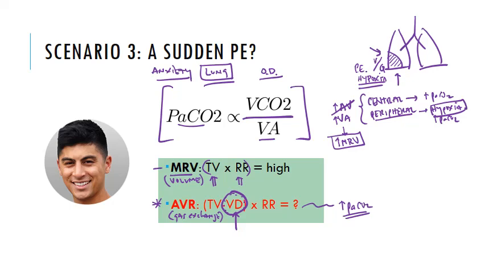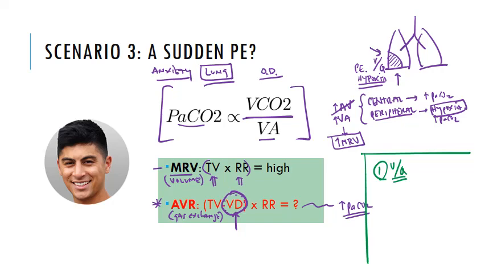So knowing all of this as a setup, there are two main scenarios that happen in a VQ deficit, a VQ mismatch. The first scenario, which is the most common, is that in a setting of a VQ mismatch, which has the threat of leading to an increased amount of PaCO2, the body will compensate so well that it will wind up blowing off more carbon dioxide than is needed.